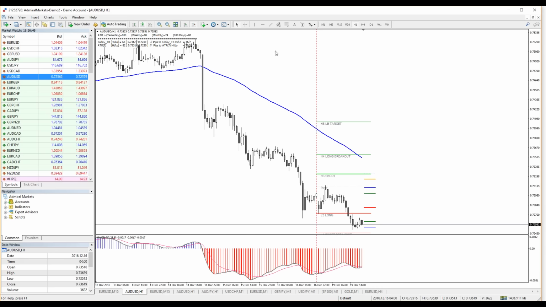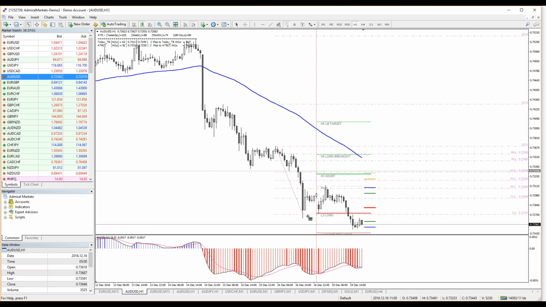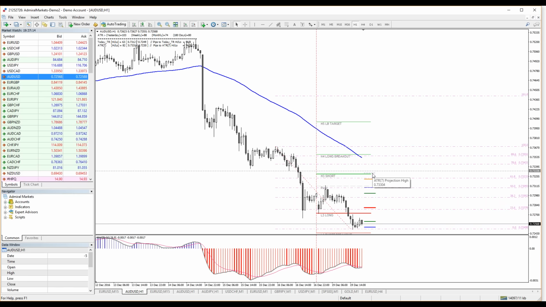So 73.30 should be a sell. We have an order block here, guys. See, this is the order block here. Then Fibonacci probably. Yeah, it's very close to 61.8. The H3 ATR, the H1 level on ATR is just the level below the projection level, so it's a strong confluence point.